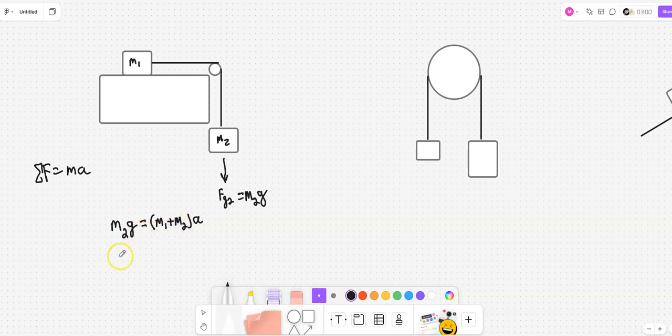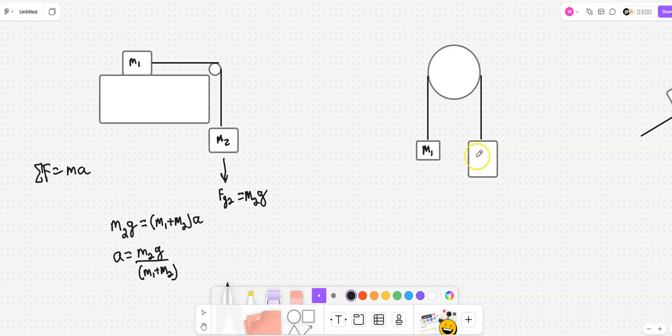If we wanted to solve this for the acceleration, we could say the force on the system divided by the total mass of the system. This is the easy way to do this. There is the substitution version that we're not going to get into here.